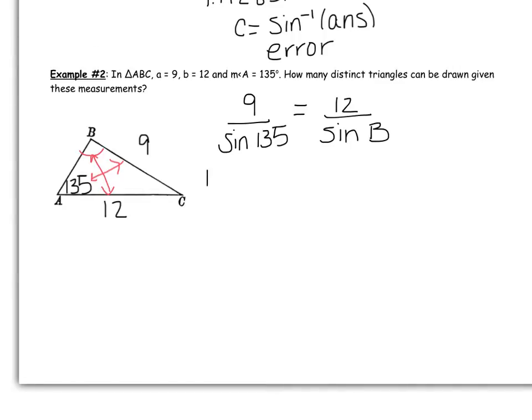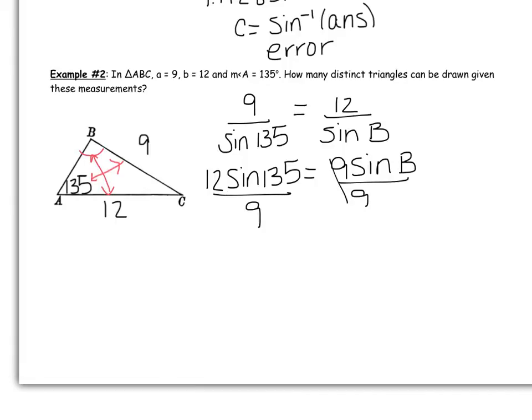So again, cross multiply. So 12 sine 135 equals 9 sine B, and divide by 9. So again, in the calculator, two different steps. 12 sine 135, enter, divide by 9. You get 0.942809... So again, how do I find B?